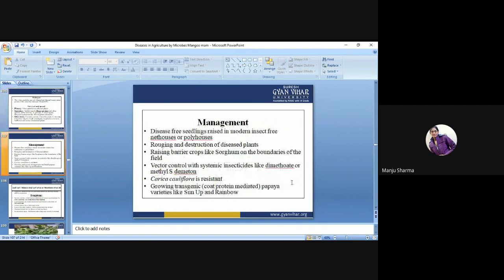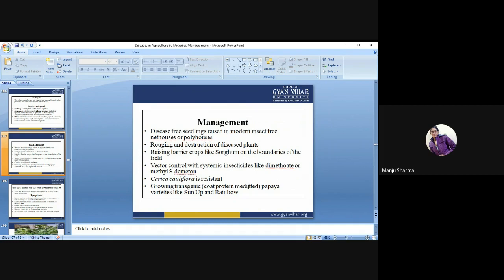Then their management. Disease-free seedlings raised in modern insect-free net houses or poly houses, roguing and destruction of diseased plants, then raising barrier crops like sorghum on the boundaries of the field, and vector control with systemic insecticides like dimethoate or methyl demeton. Carica cauliflora is a resistant variety for the disease.